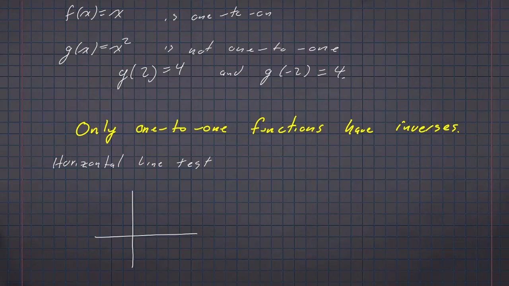Just like the vertical line test for determining if a graph is a function or not, the horizontal line test tells us that if there are no horizontal lines that pass through the graph more than once, then we have a 1 to 1 function.